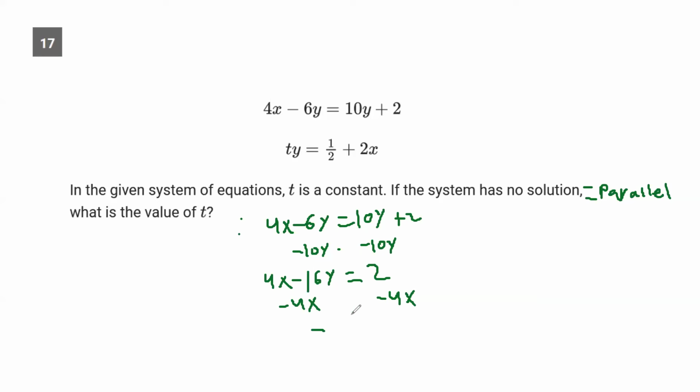I get negative 16y equals 2 minus 4x. And the other one is ty equals 1/2 plus 2x.